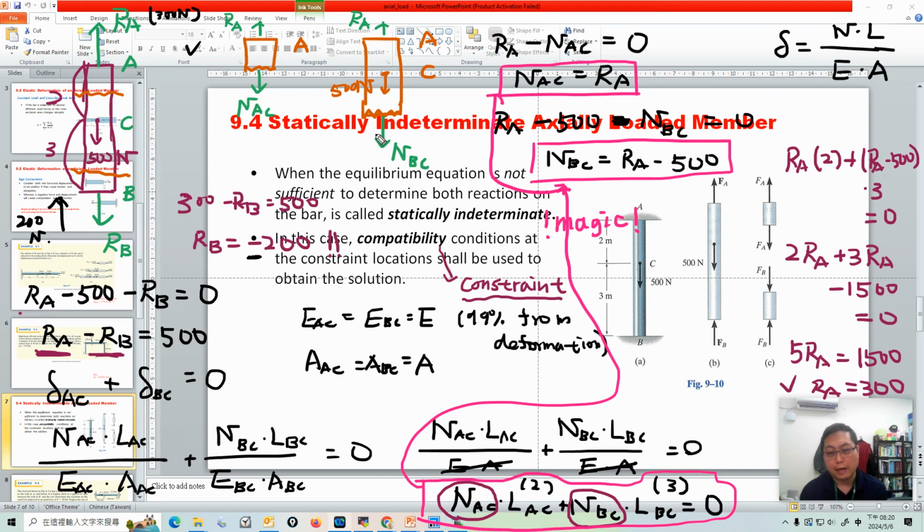It looks like the compatibility equation is difficult to find, but when you do some practice, you will see there's some trend or hint. It's not that difficult to find a compatibility equation.